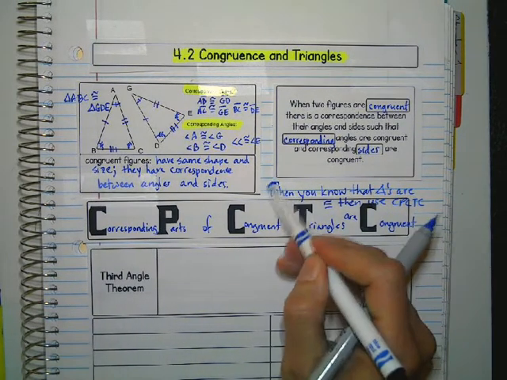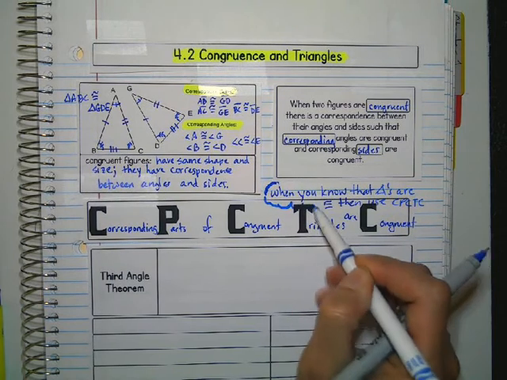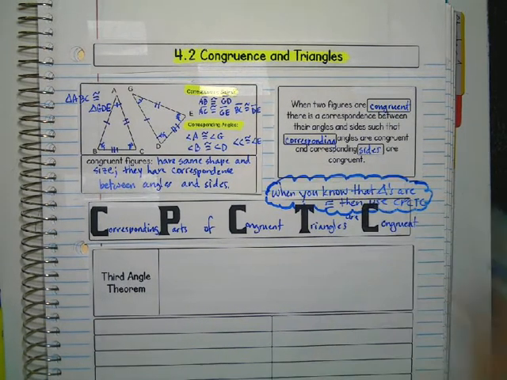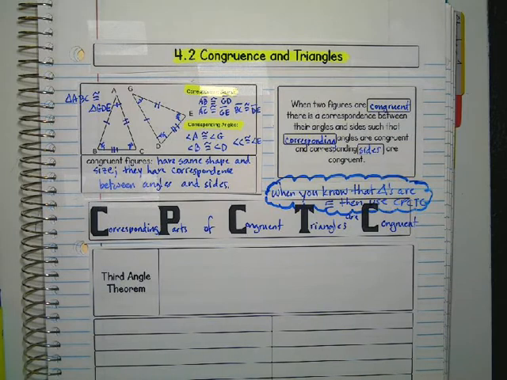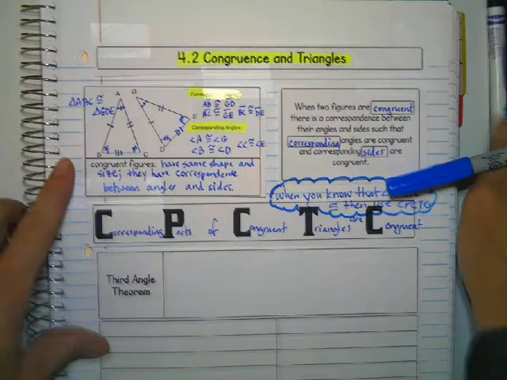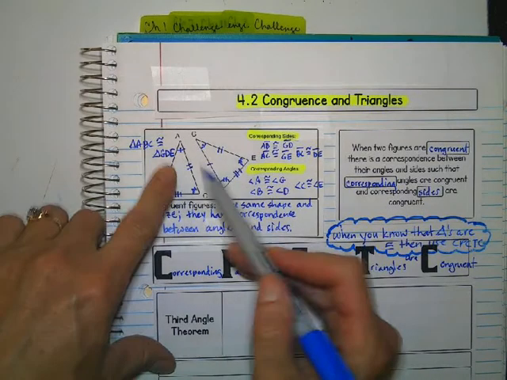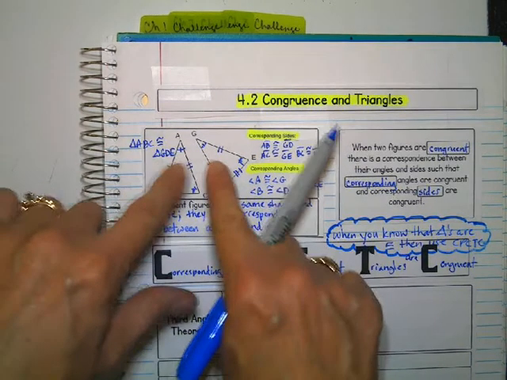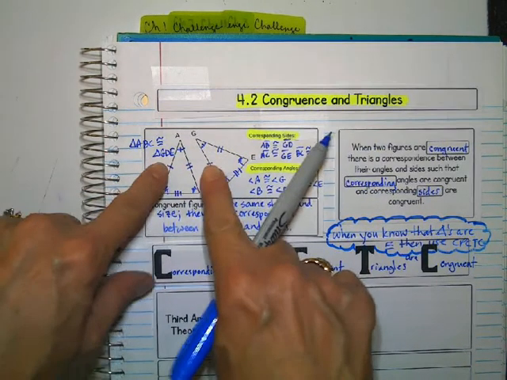When you know that triangles are congruent, then we can use CPCTC. If the triangles are congruent, then their angles are congruent, then their sides are congruent. Sometimes in a proof, you can use that. Now that you know that the triangles are congruent, you can start piecing them out. Like you can say, well, since the triangles are congruent, then these two sides are congruent. Since the triangles are congruent, then these two sides are congruent. And you can use those in the rest of the proof if you need to.